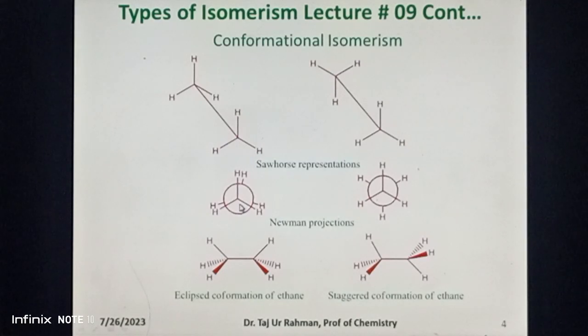The front carbon is represented by a dot and the substituents on the front carbon are represented by lines going to the center of the circle. Similarly, the rear carbon or back carbon is represented by a circle and the substituents on the rear carbon are represented by lines going to the edge of the circle.